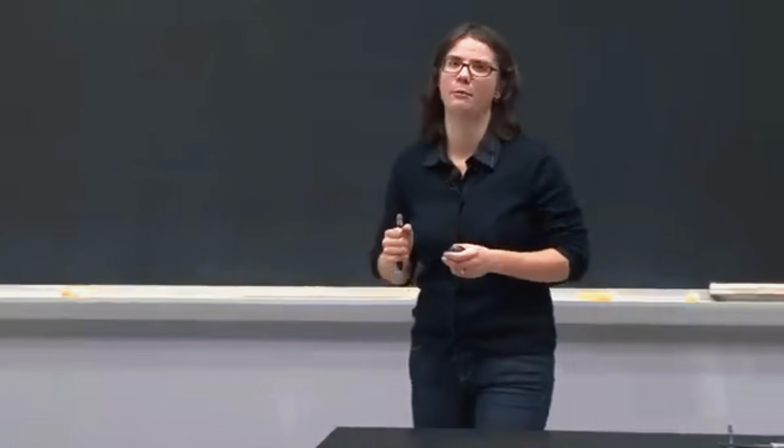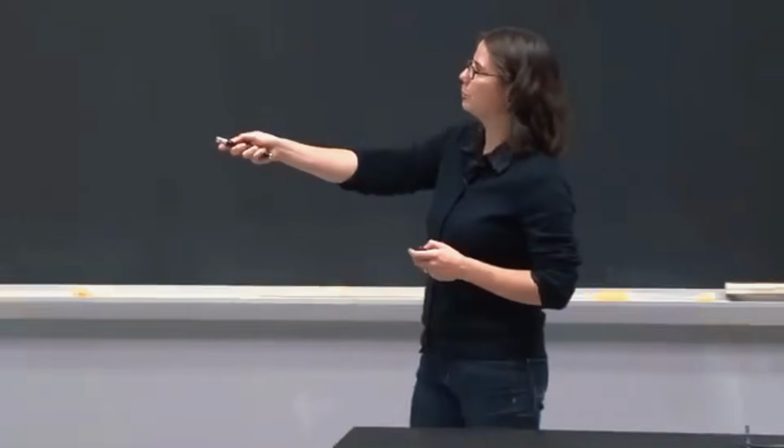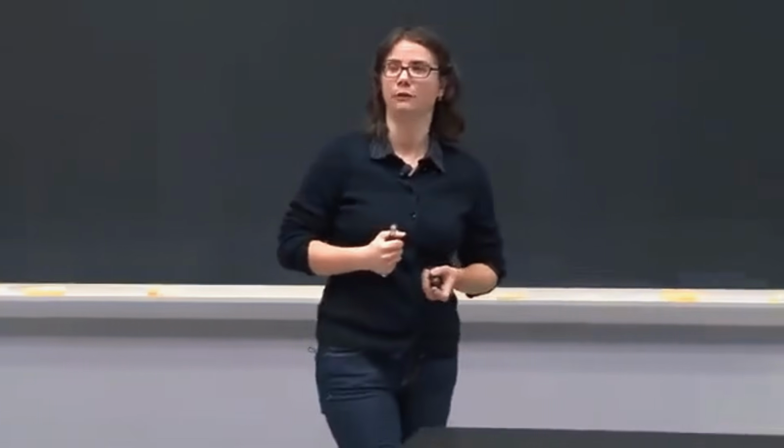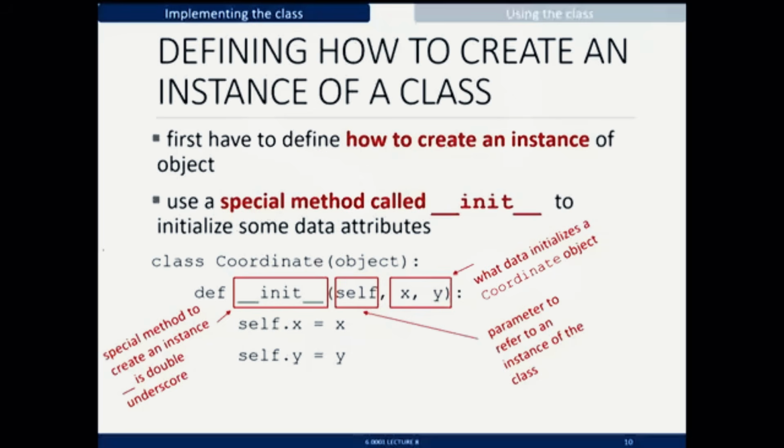It could be named anything you want, but by convention, it's always named self. So try to stick to that. Any other parameters beyond it are just parameters as you would put in a normal function. In this particular case, we're going to initialize a coordinate object by two values, one for the x and one for the y.